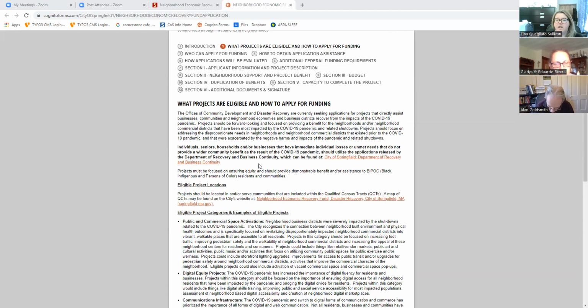That being said, there is a wider, more general ARPA application for businesses, individuals, households, and nonprofits that have direct impacts from the pandemic but cannot necessarily demonstrate that neighborhood benefit.